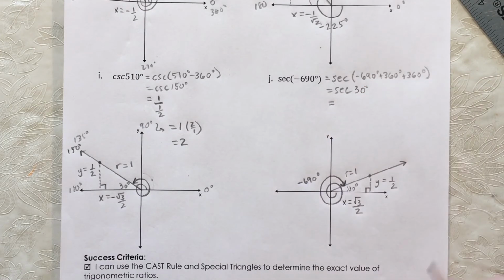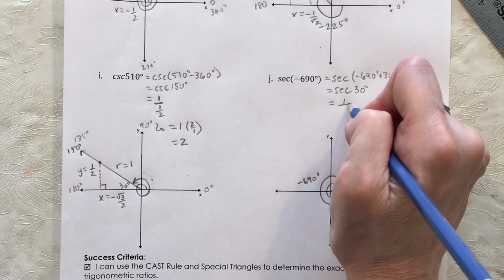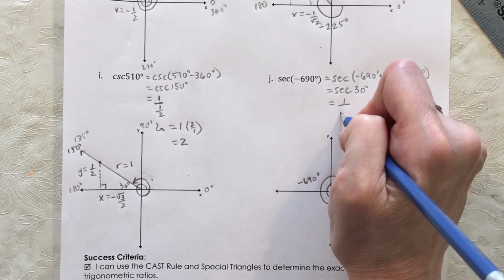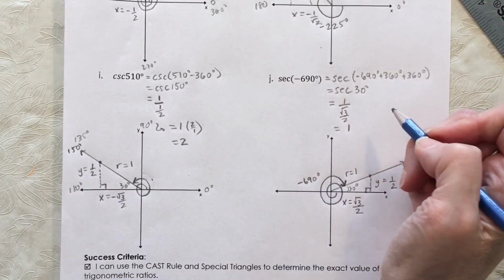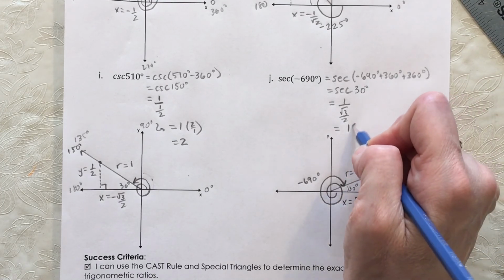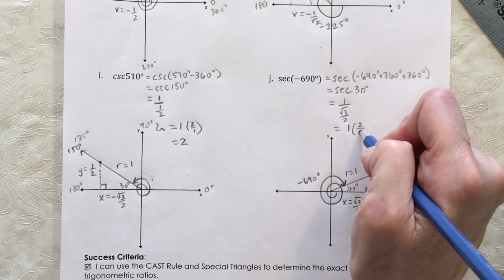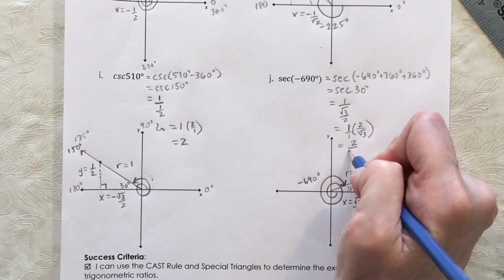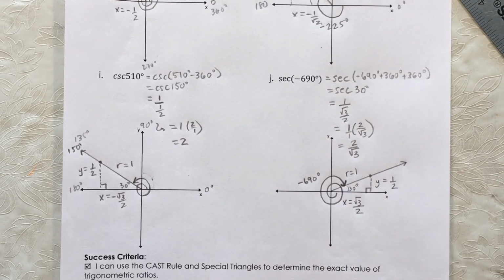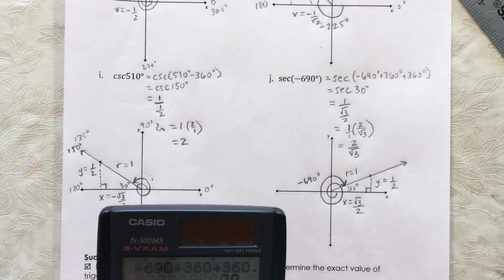And sec is r over x. So that's going to be 1 divided by root 3 over 2, or times 2 over root 3, multiplied by the reciprocal. So 2 over root 3. Well, let's check that on our calculator.